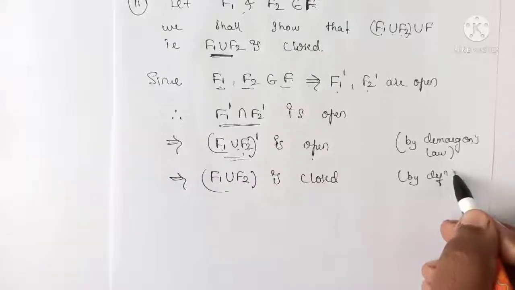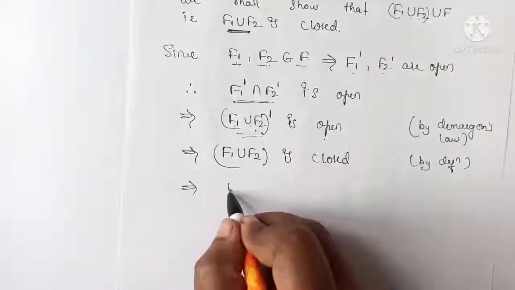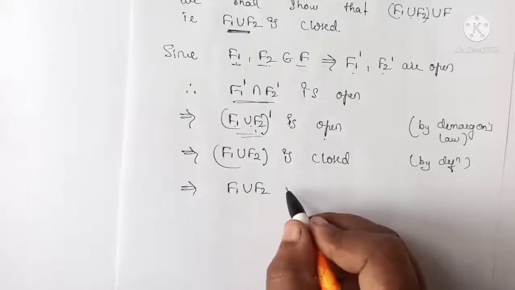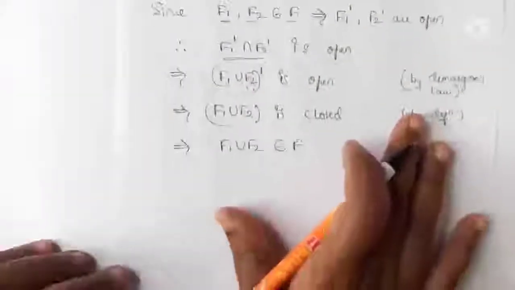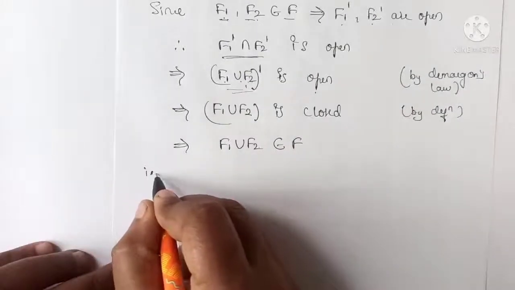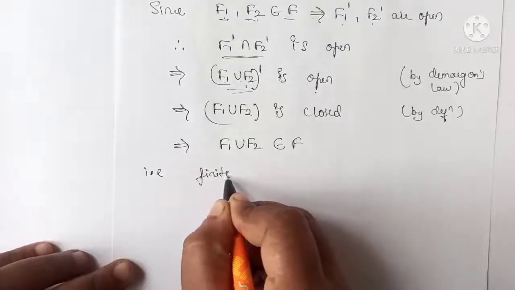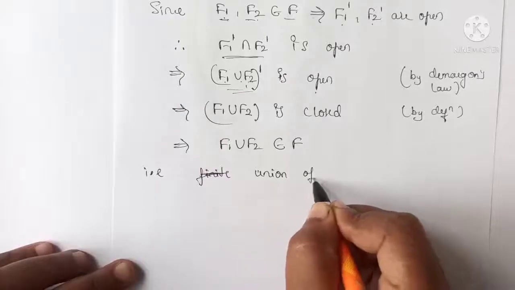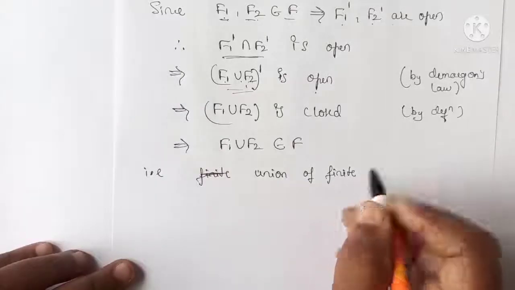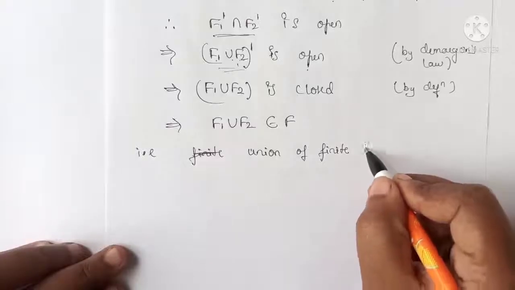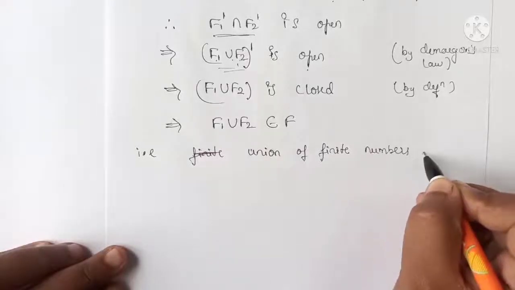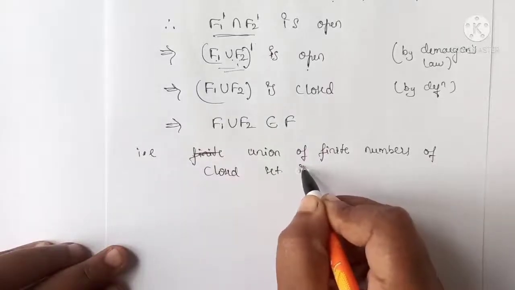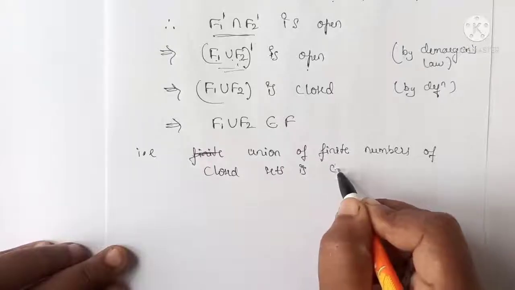Hence F1 union F2 is closed, meaning F1 union F2 belongs to F. So the union of a finite number of closed sets is closed.